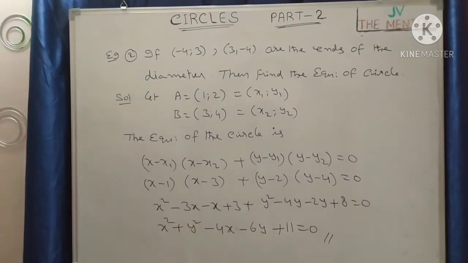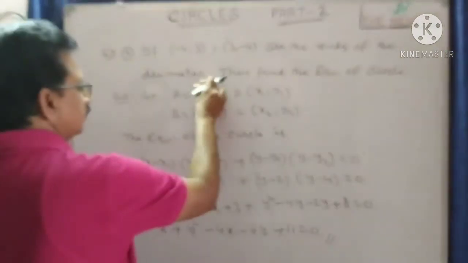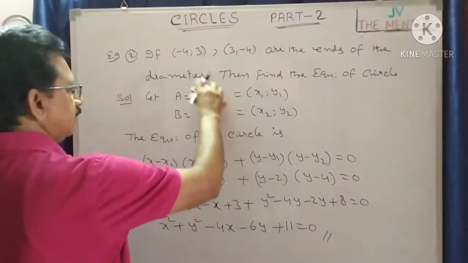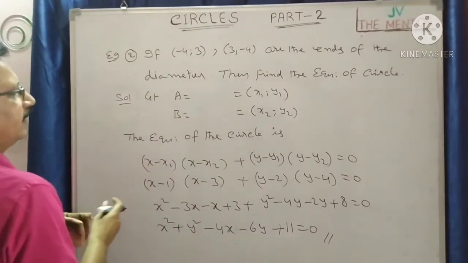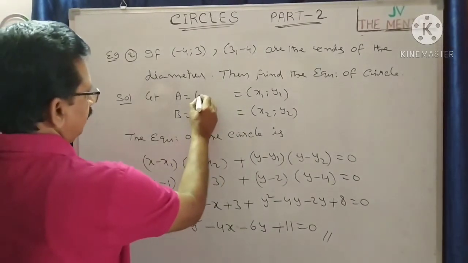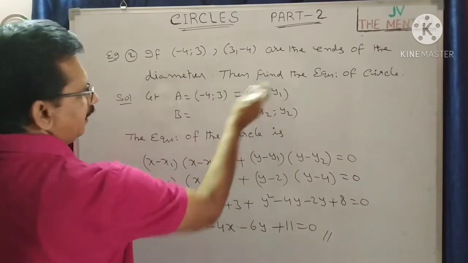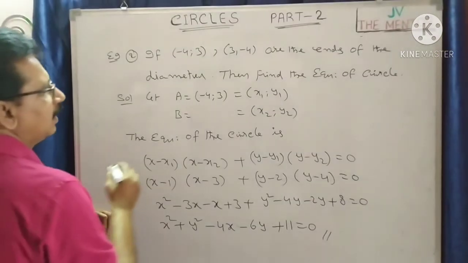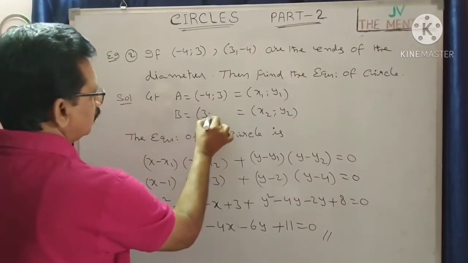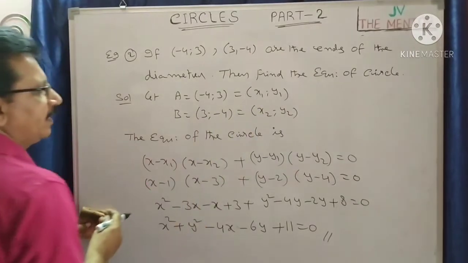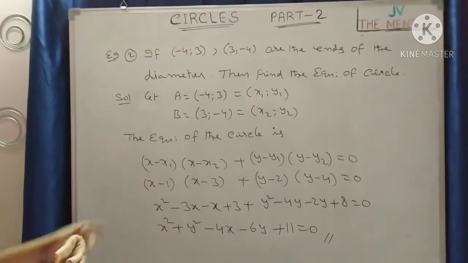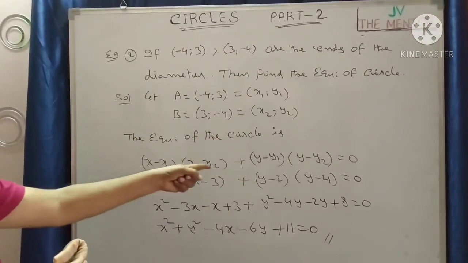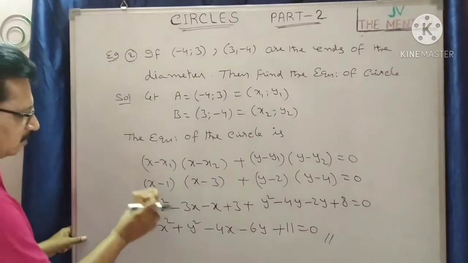Okay? Same, it should be done in the same model. Let the coordinates be changed. Let A equal to (minus 4, 3). Let it be x1, y1 and B equal to (3, minus 4). Let it be x2, y2. Then the equation of the circle uses the same formula.